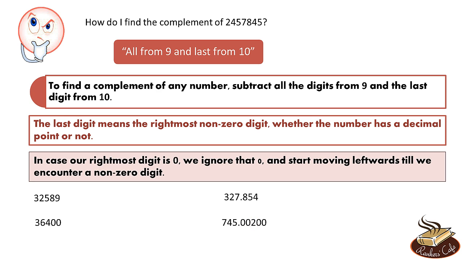Now let's do a few examples on this. Find the complement of the following numbers. Let's start with the first one, that is 201258.